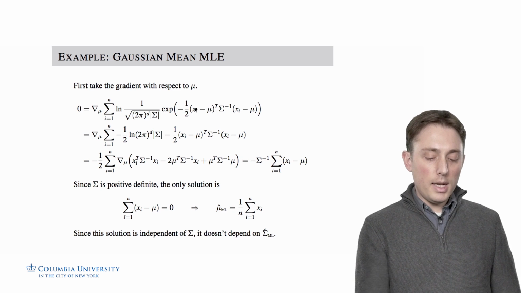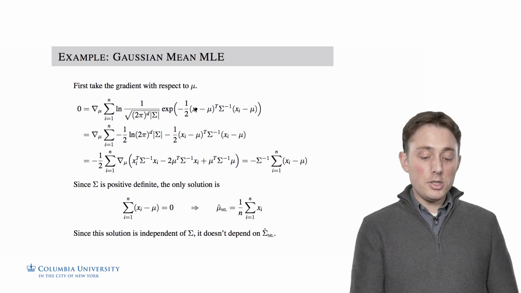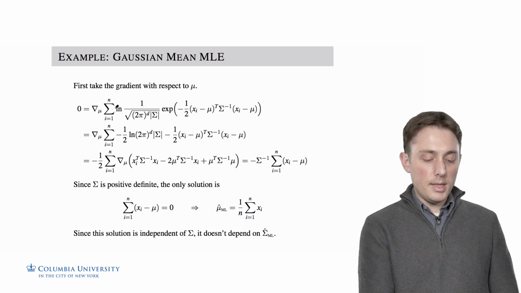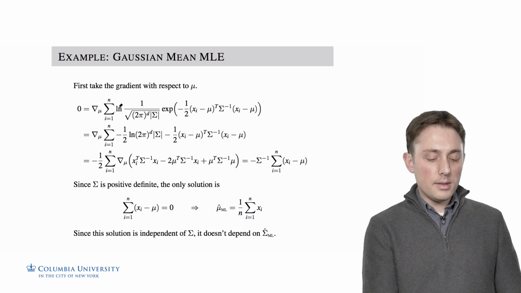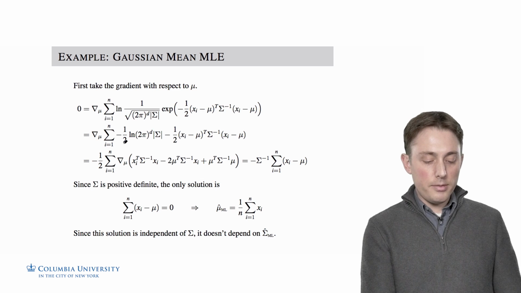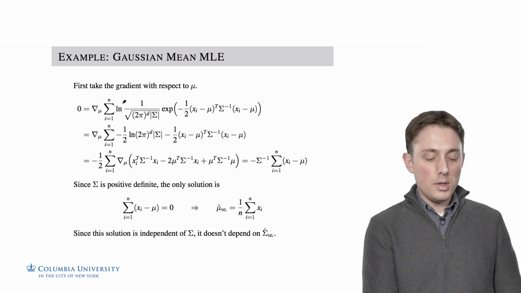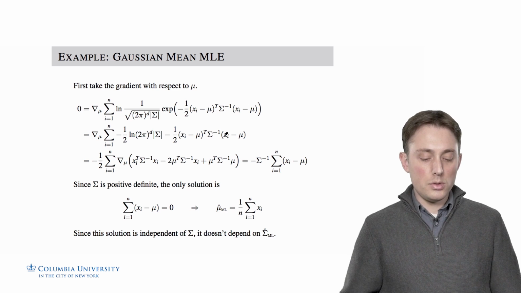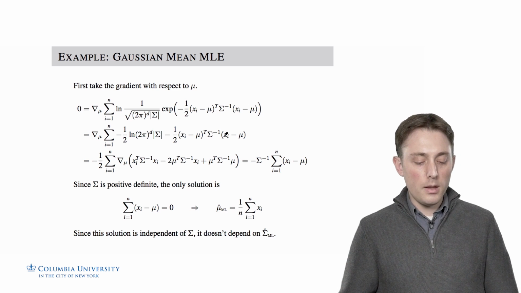We evaluate it at each of the n data points for particular mu and sigma. We get this. We can now take this log and simplify it in this way. So we've simply written the log of this product of two terms as the sum of the log of each of those two terms, and we get this function.